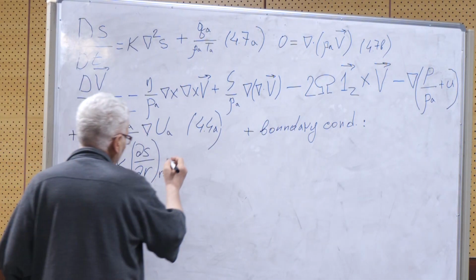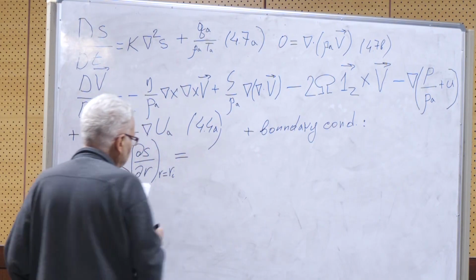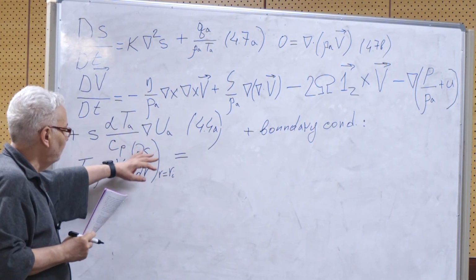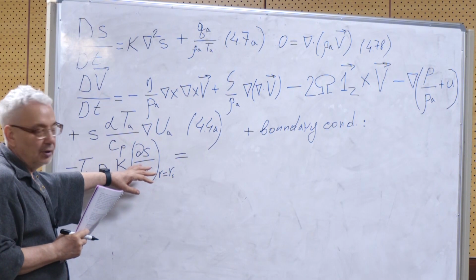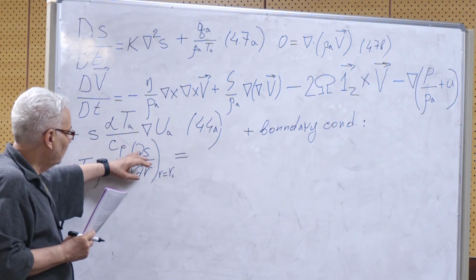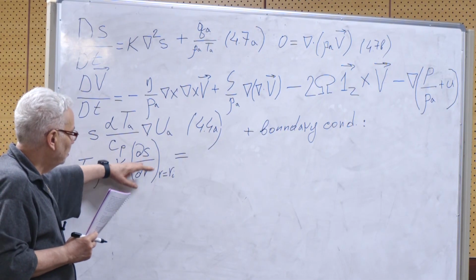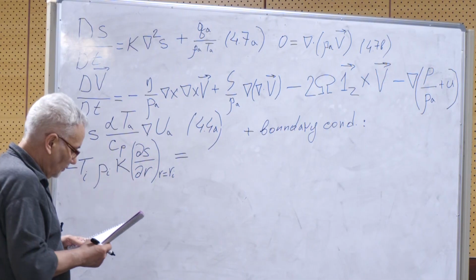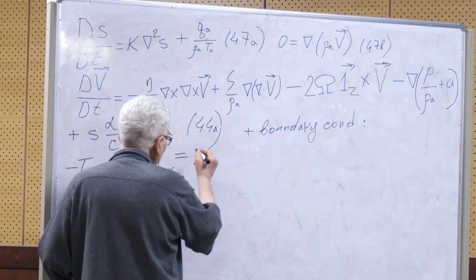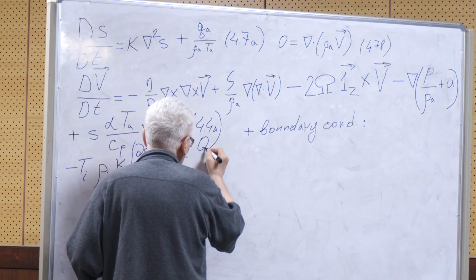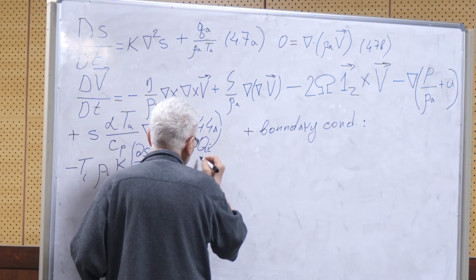So this is actually the term which determines the heat flow due to the variation of the entropy. And on the boundary, variation of the entropy could occur only in the radial direction. But finally it depends on the input or output heat flow.